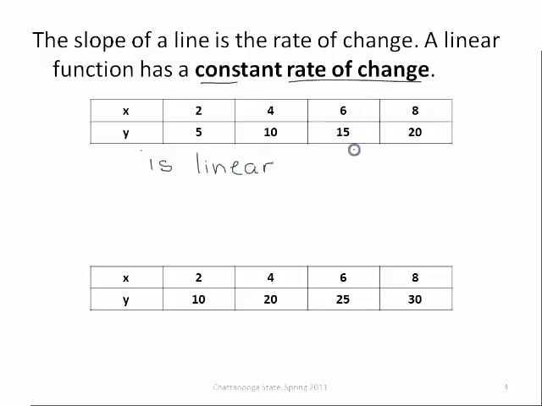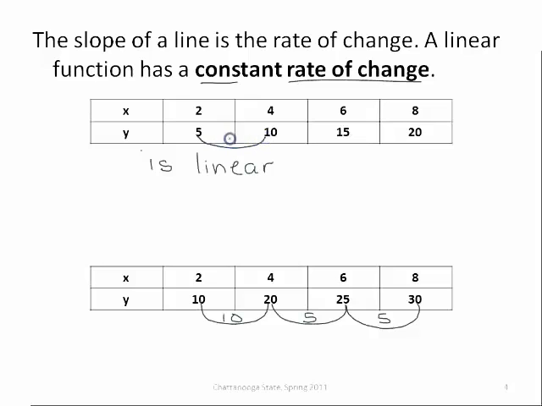If I take any pair of x and y's, if I subtract the y's and subtract the x's, I would have the same ratio. When we look down here, I have the same 2, 4, 6, 8 on the x, but if you look at the y's, here I have a jump of 10, here I have a jump of 5, or a difference of 5, and here I have a difference of 5.